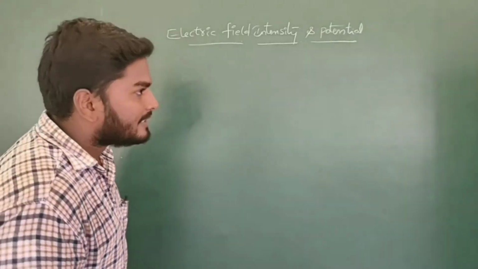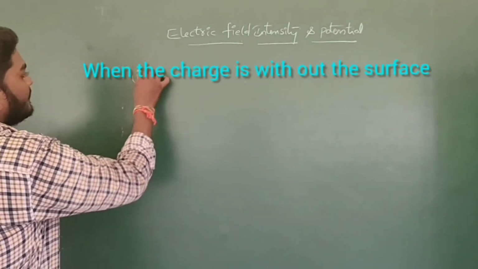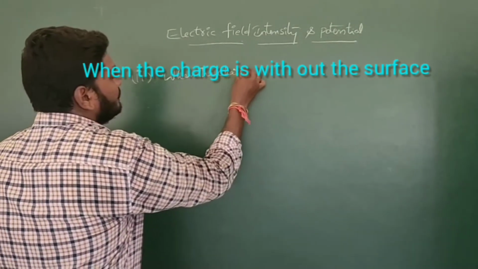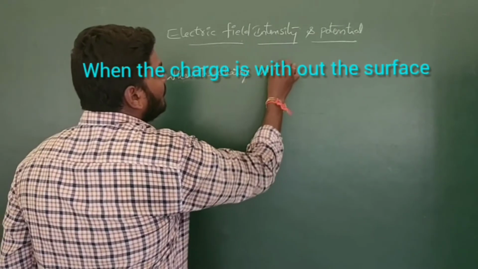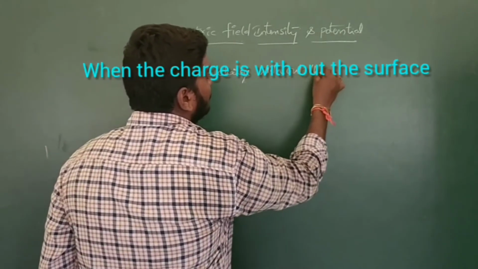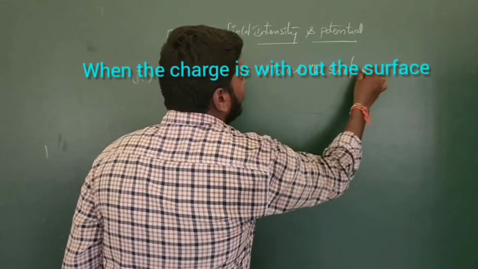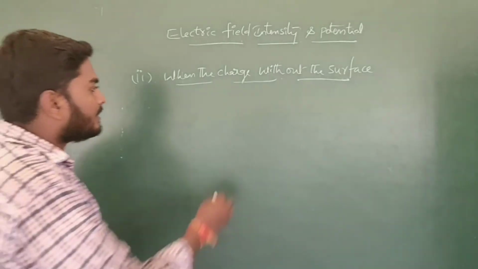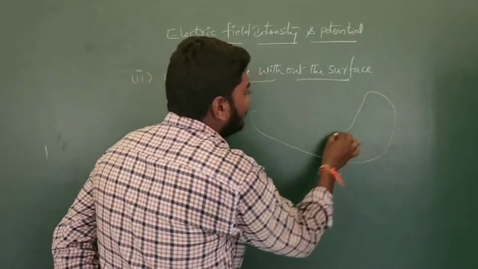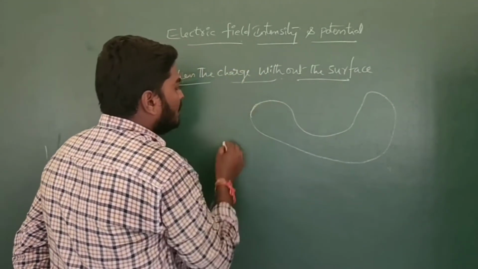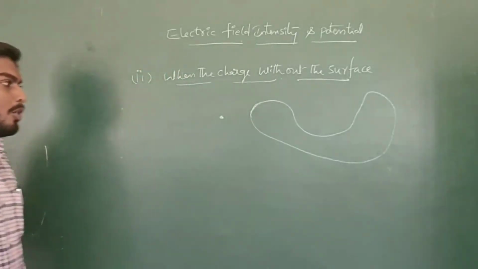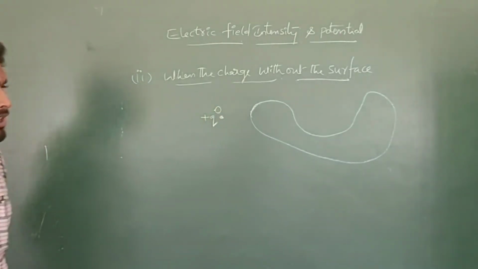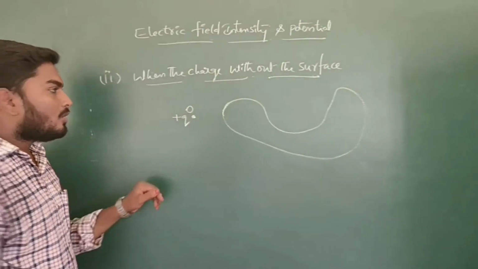Now discuss the second case, when the charge is outside the surface. Now taking a closed surface, cone shape. A positive charge q is placed outside, at point O, outside the closed surface.